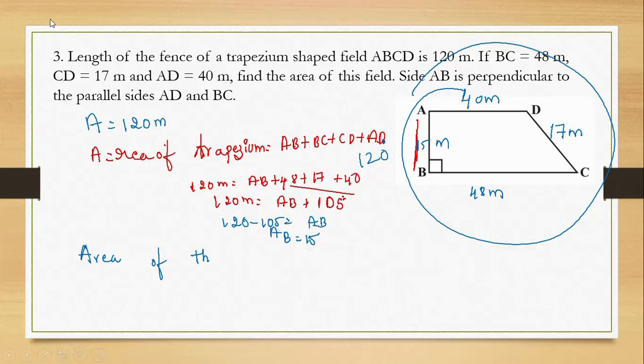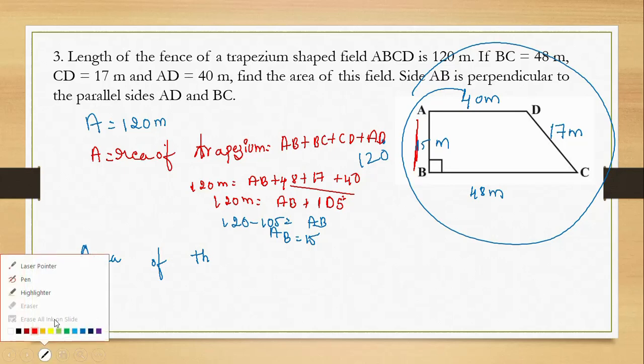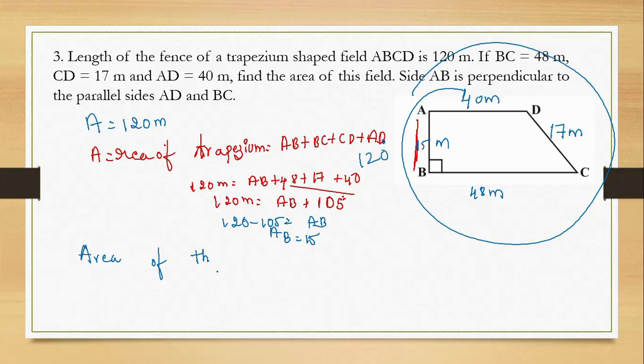Area of the trapezium, that is half of its height into A plus B, and this is A and this is B, and 15 centimeter is the height.